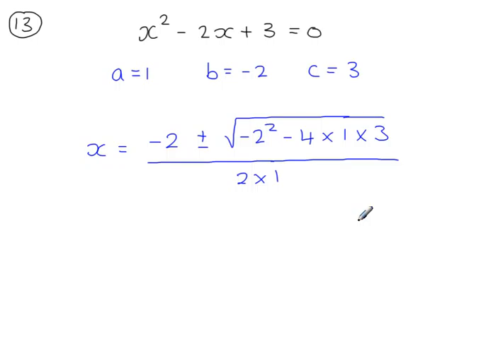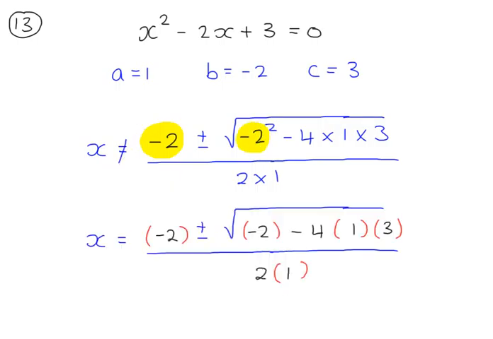Can you spot the mistakes in this? Well, the first one is here, and the second one is here. So this is wrong. This is how you should show your working out.